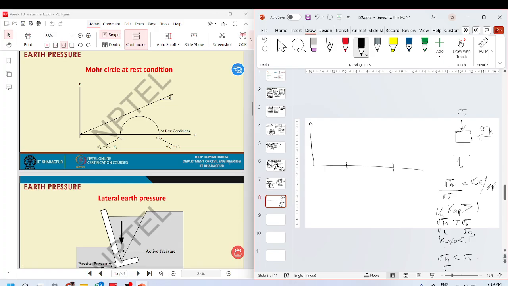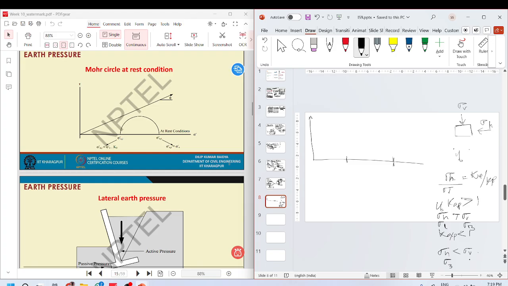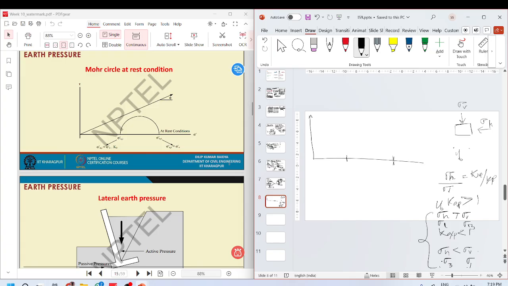While in this case, sigma h will be your sigma 3 and sigma v will be your sigma 1, because maximum and minimum principal stresses are based on the magnitudes.